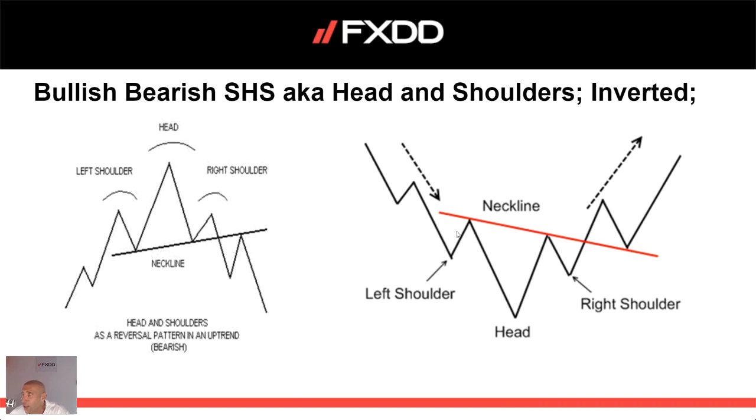Then there is inverted head and shoulders, so-called bullish SHS. When a neckline is broken, you wait again for a retest of the trend line and then you go long. Or you can go long at the bottom of the right shoulder, waiting for some bullish reversal candlestick formation.